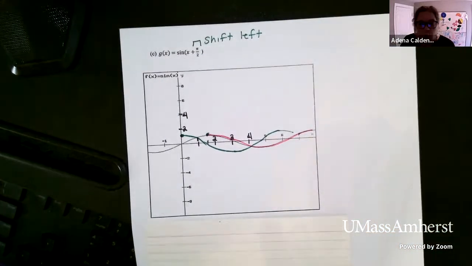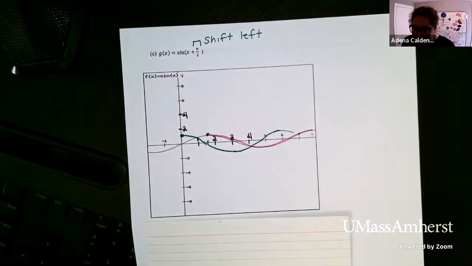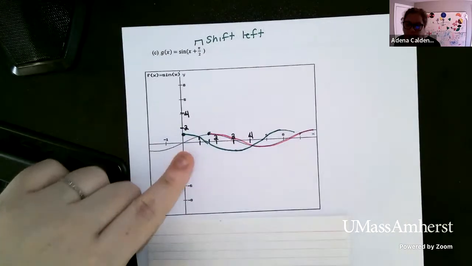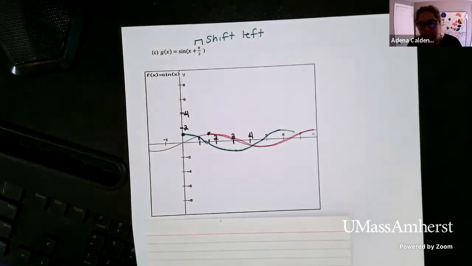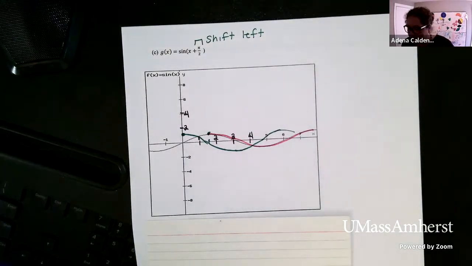Okay, but moved over to the left by pi over 2. So I did that in green and red. So if you're colorblind, that might not stand out, but this particular line got moved over by pi over 2. So when you have something on the inside, it moves left and right. If it's added, it moves left. If it's subtracted, it moves right.